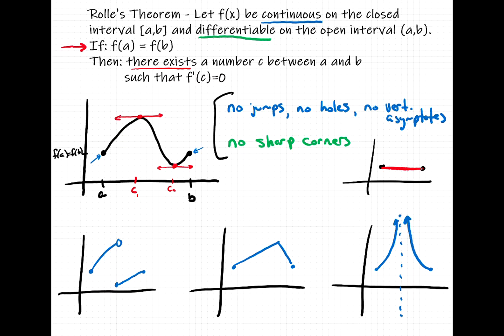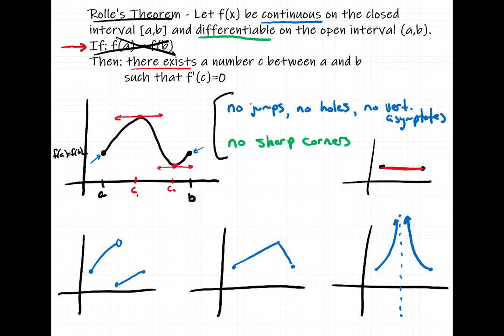Let's say in my next video, when I talk about the mean value theorem, what I do is get rid of this f of A equals f of B. So if the starting point and the ending point have the same y value, it's Rolle's theorem.